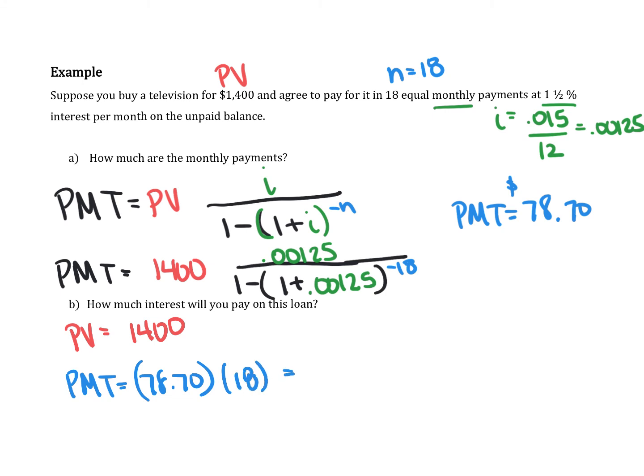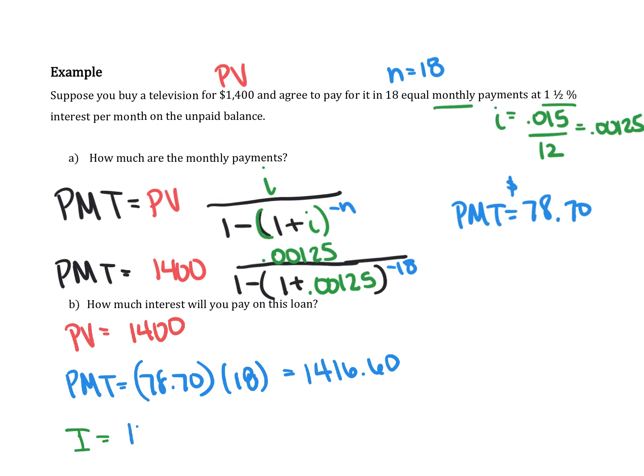So when I do that, I get $1,416.60. So if I want to find out how much is interest now, your interest is just equal to the amount of your payments minus the PV, your present value.